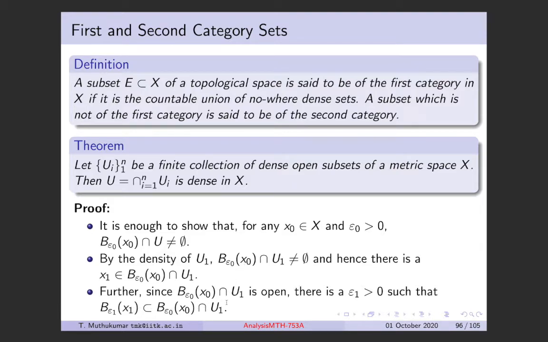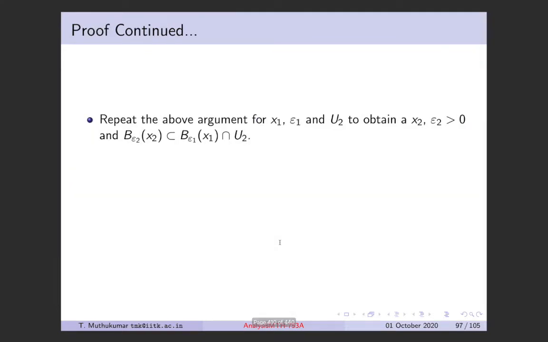So you repeat this procedure. Now that you have x1 and epsilon 1, you repeat the same procedure, whatever you did for x0 and epsilon 0. Okay. So repeating this procedure, using the density of U2, you are going to get an x2 and epsilon 2, such that x2 belongs to this intersection and the ball of radius epsilon 2 at x2 is contained in this intersection.